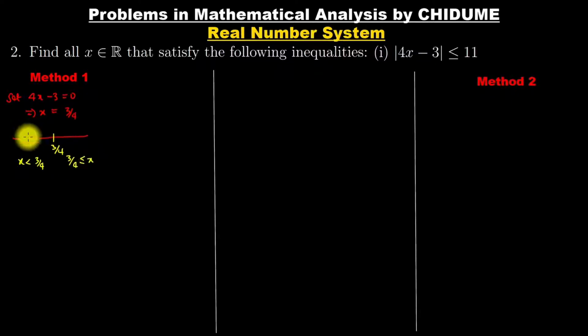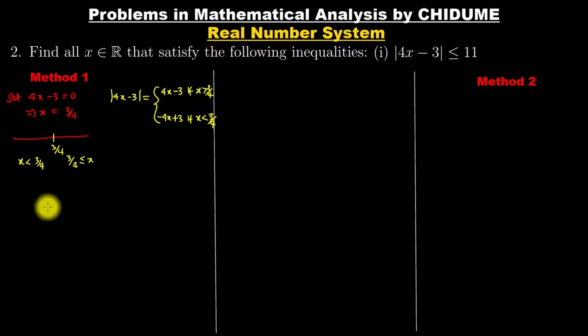Of course, these are two different sections. Now don't forget that the absolute value of 4x minus 3 can be written as 4x minus 3 if x is greater than 3 over 4, and it's going to give us negative of 4x plus 3 if x is less than 3 over 4.